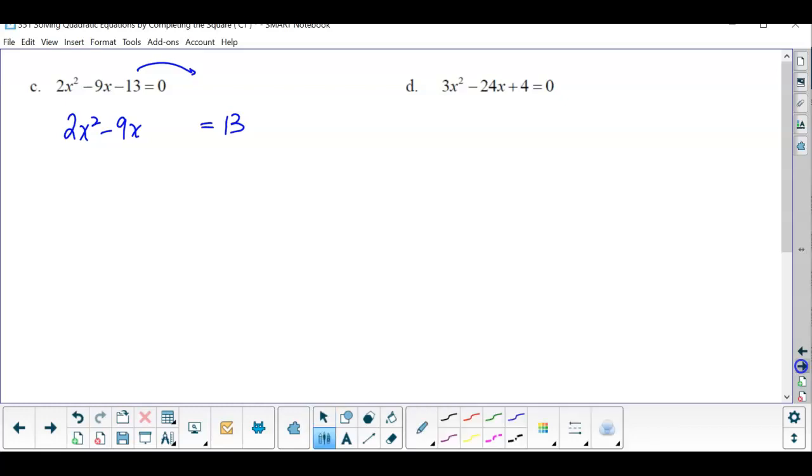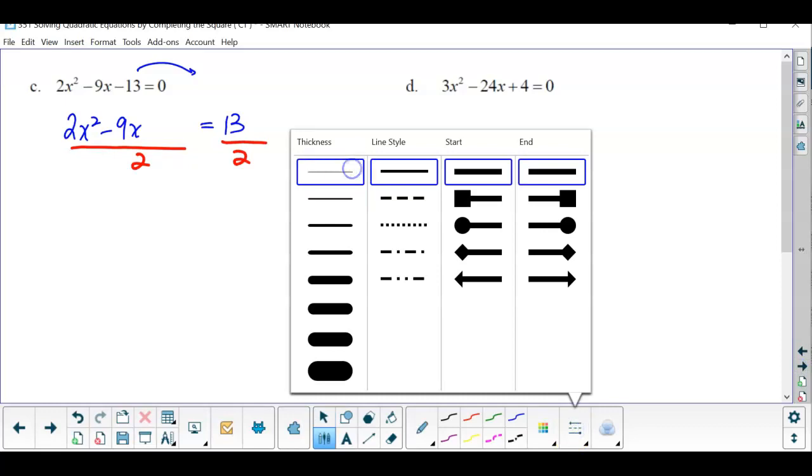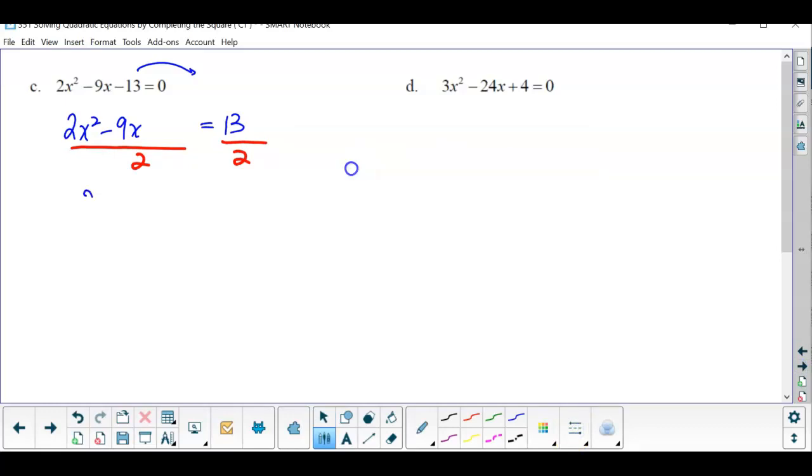I would divide everything by 2. As long as you do the same to one side as the other, then you're good. Unfortunately, as fractions, but that's just the way it is. Use fractions unless it's an application question. Okay, then you can use decimals.